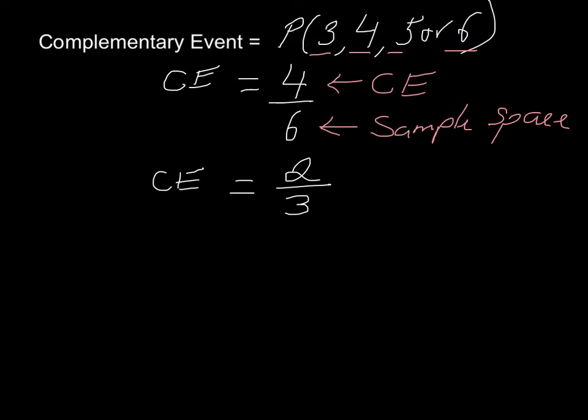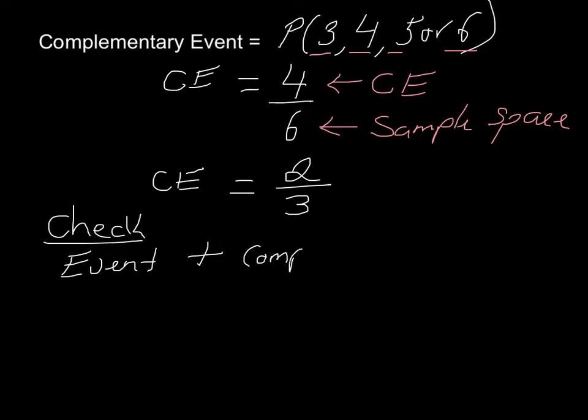Now, we can also check our work when we do this. The reason for this is that essentially our event plus our complementary event should equal the value of 1.